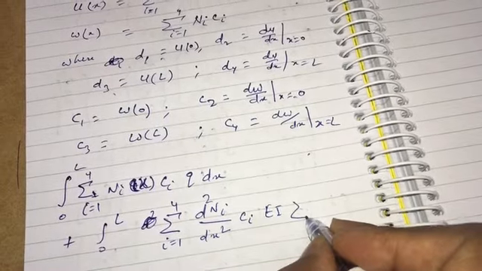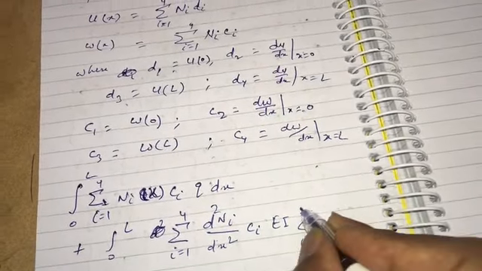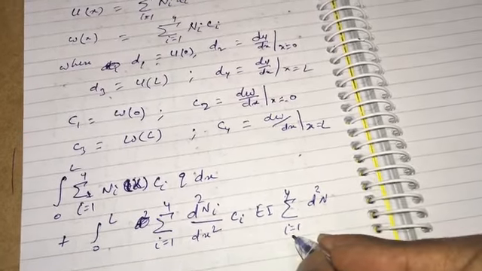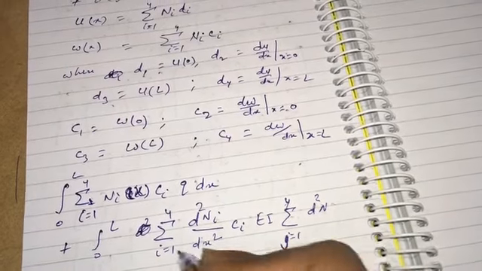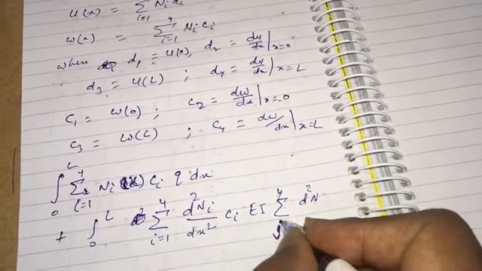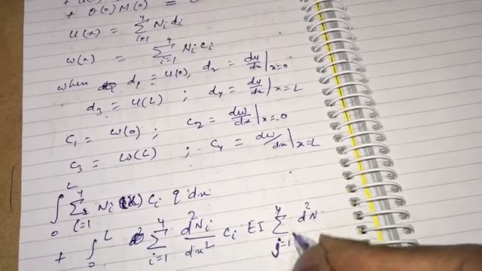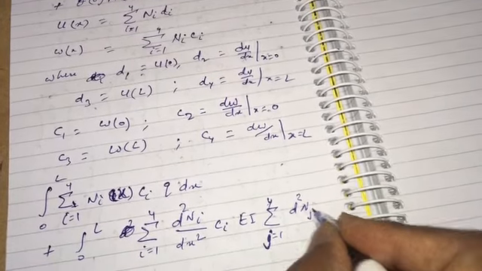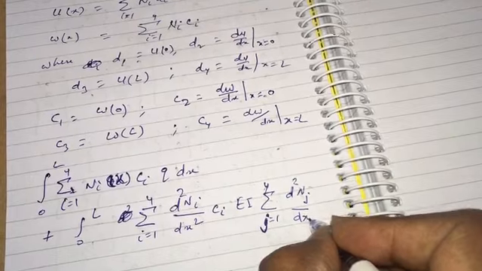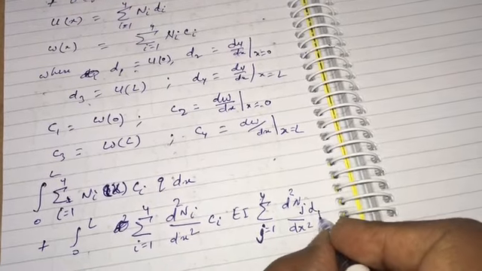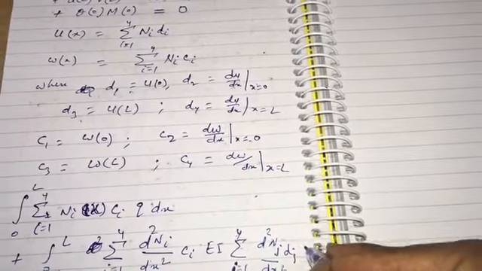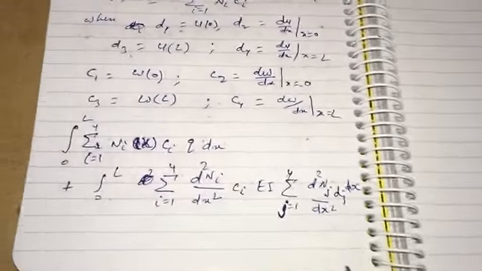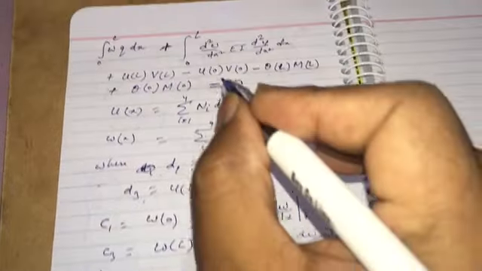So what we will get is like this: i equal to 1 to 4, then d square N, let's call it j here, so that both of them don't mix up, j equal to 1 to 4, d square N j over dx square, and then we have d j, and here we should have dx. Okay, so this we have completed.